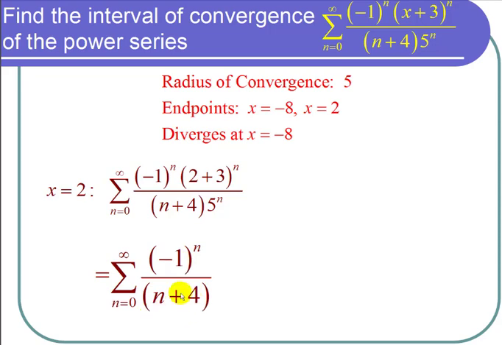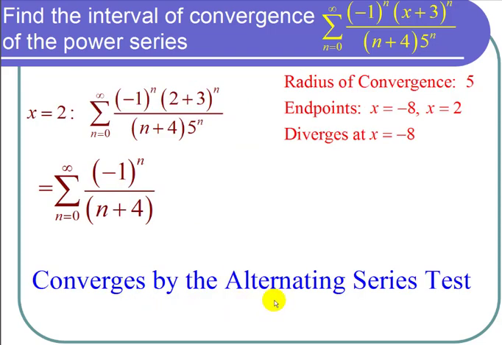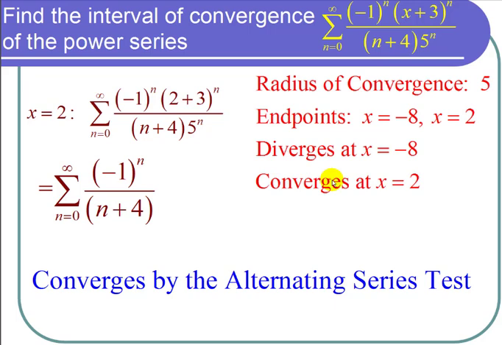So notice that 1 over n plus 4 is a decreasing sequence, and it goes to 0. So by the alternating series test, our series, the summation from n equals 0 to infinity of -1 to the n over n plus 4, converges. So that tells us that when x equals 2, the original series converges.